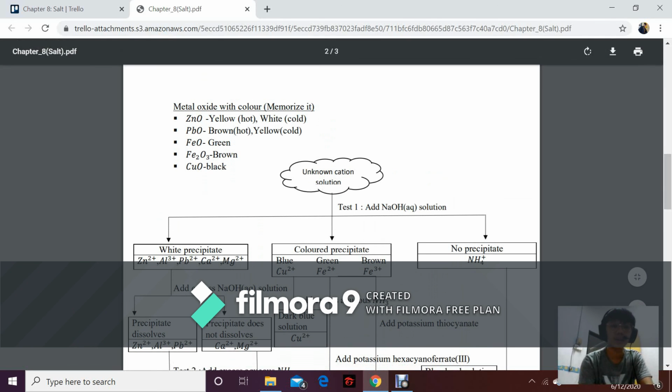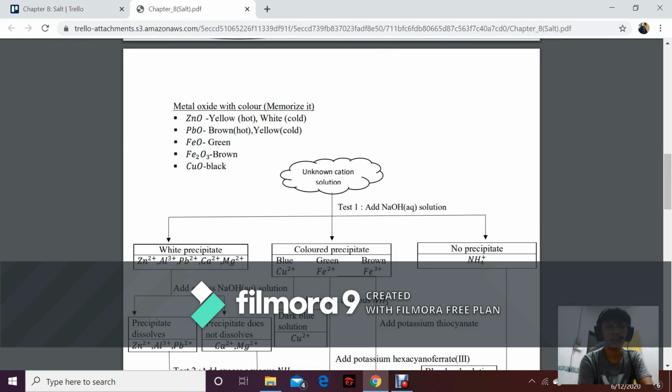Here also we need to memorize the color of the salt, I mean the metal oxide. Just now we said copper 2 oxide is black. Please remember FeO is iron 2 oxide. It's green. Just now I said iron 2 ion is green in color. Fe2O3 is iron 3 oxide, which is brown in color.